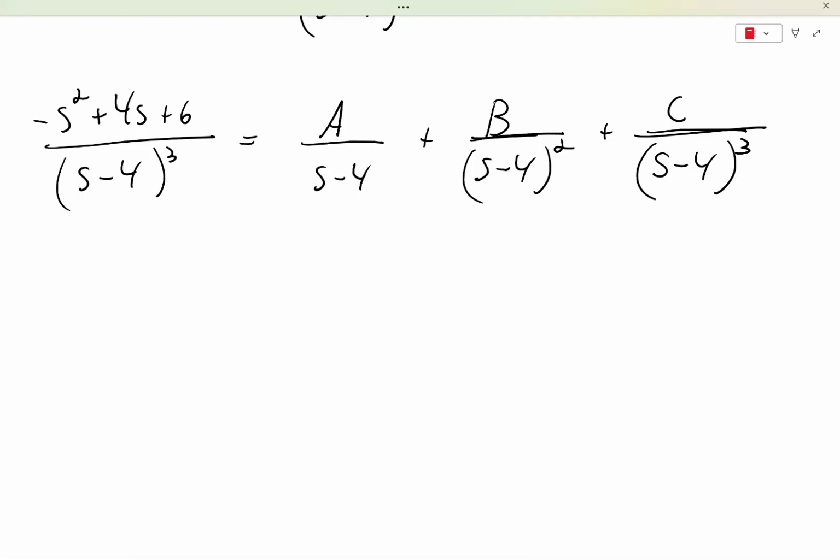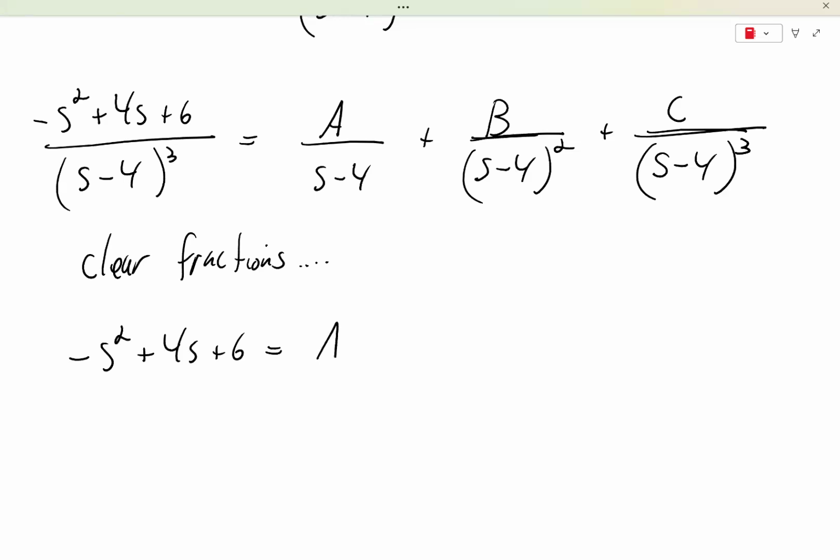Okay, and now we gotta find the A, B, and C. The cover-up method doesn't work here because they're repeated. Okay, so you multiply through, so you clear out the fractions. So clear fractions, you multiply through by this one. Okay, so you get negative s squared plus 4s plus 6 equals, that'd be A times s minus 4 squared.